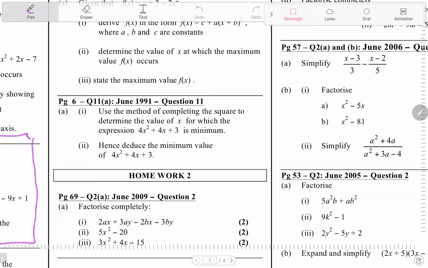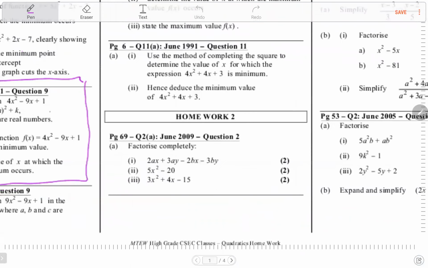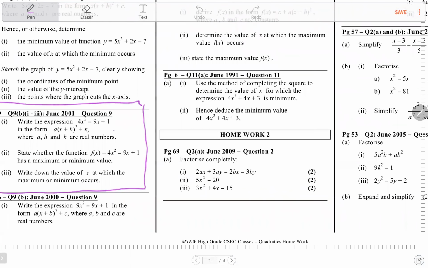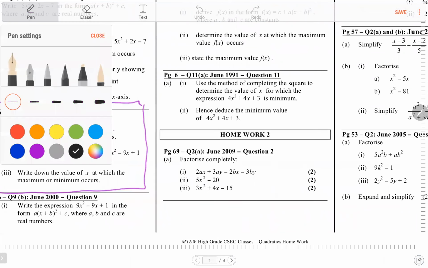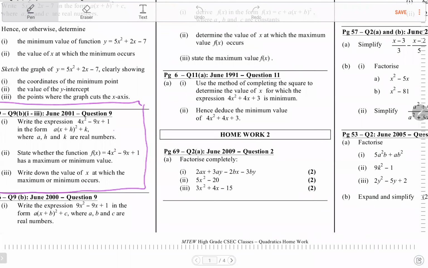Let me make a little change on this. So at this third one, I'm not going to factorize. We're going to actually solve this. Put this equal to 0 and solve it.